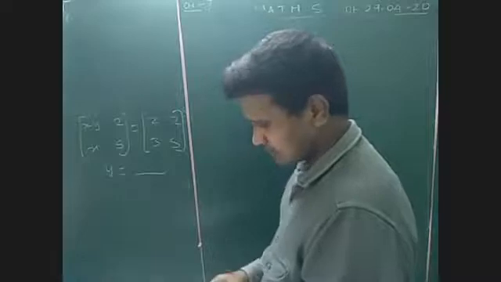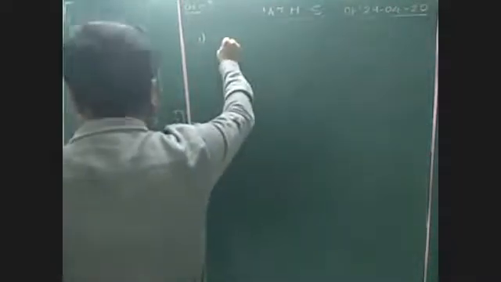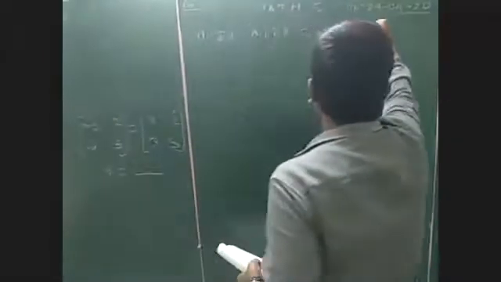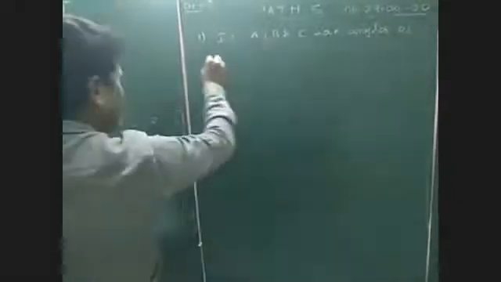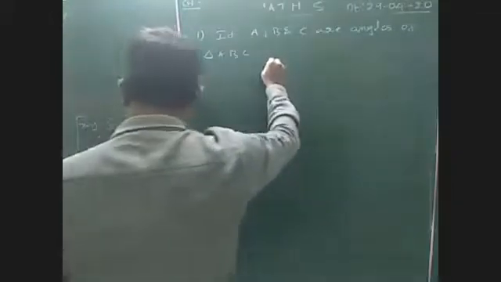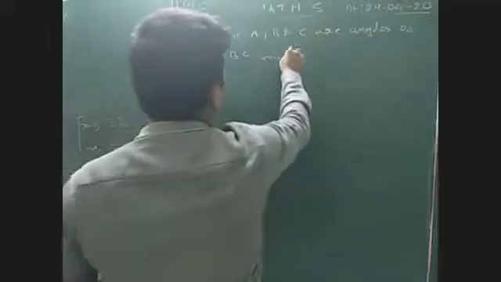In determinants, the first objective question is: if capital A, B, and C are angles of a triangle ABC, then they are asking the determinant value.